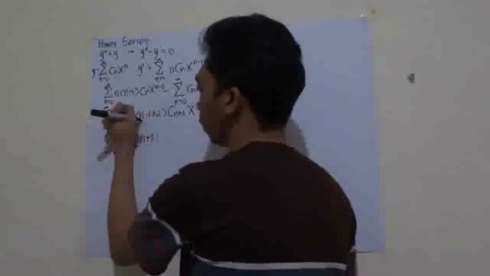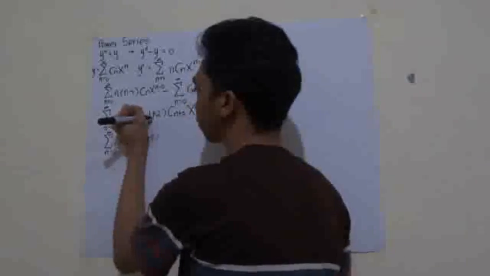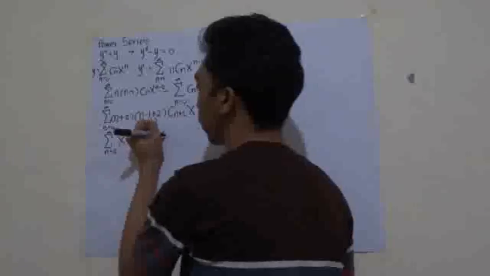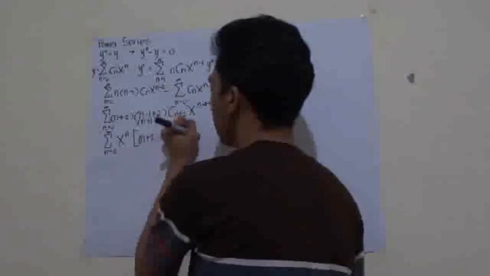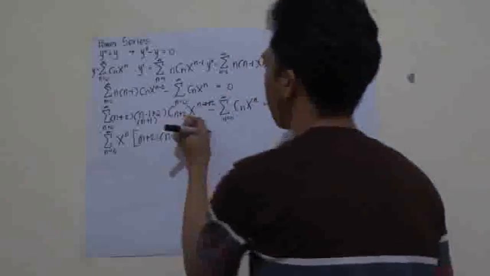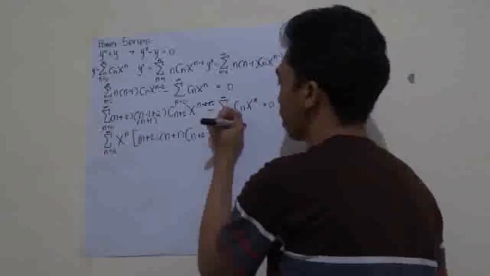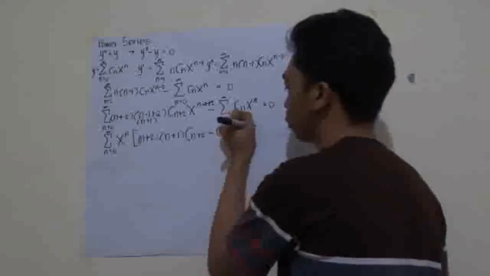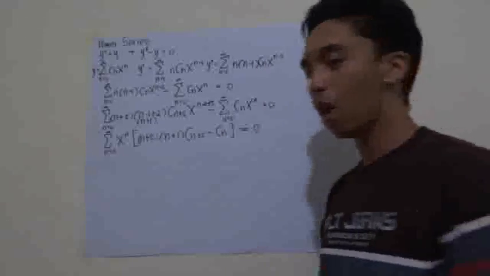Simplifying this, we'll have n plus 1. So n plus 1 c sub n plus 2 minus c sub n is equal to 0.